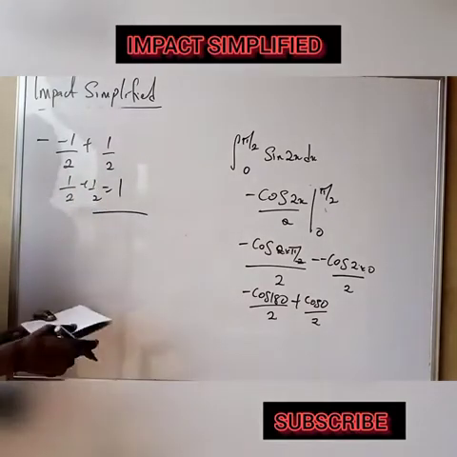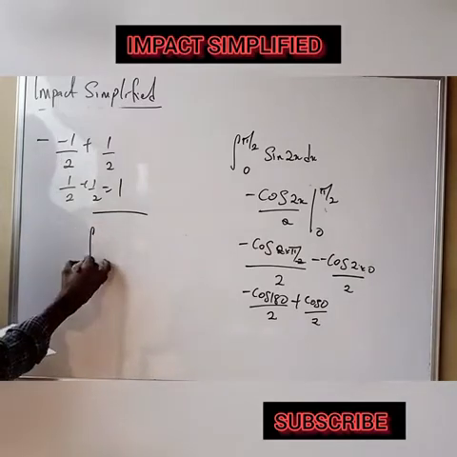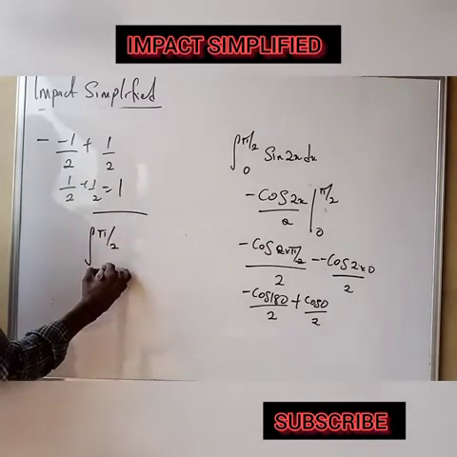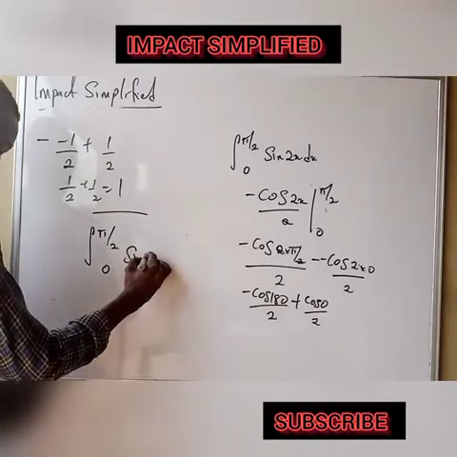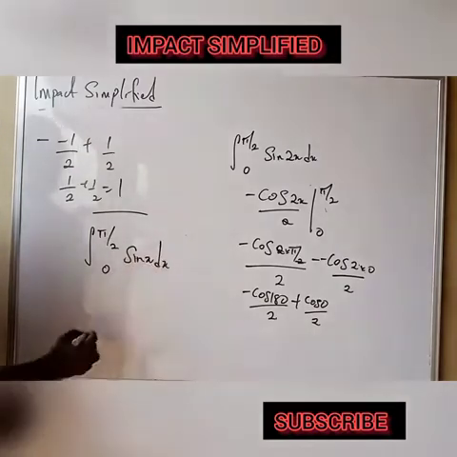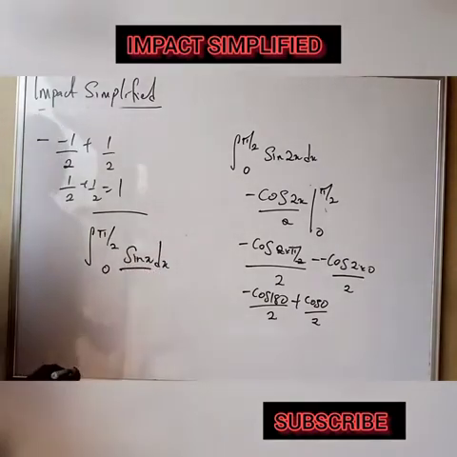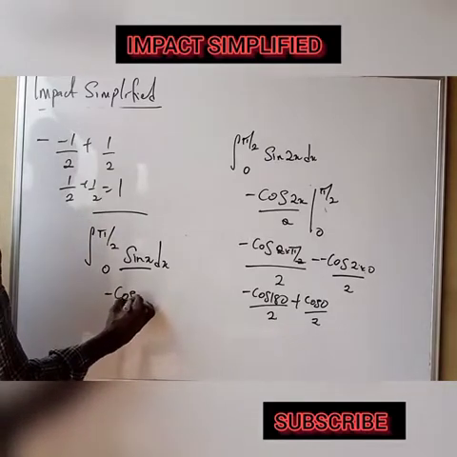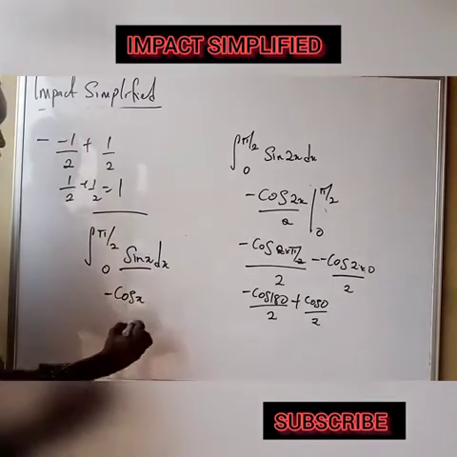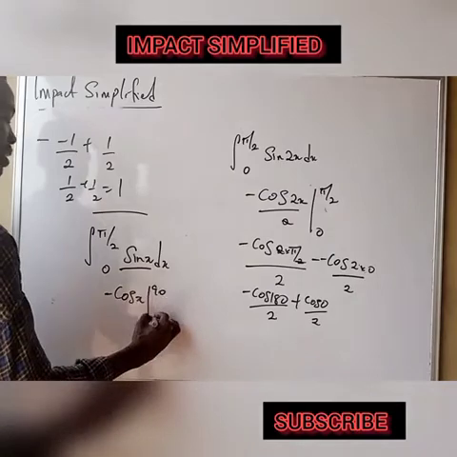It's simple. Now let's look at the last question on that. They said the integral from 0 to pi over 2 of sine x dx. If you integrate sine, what is the answer? Minus cos x. And the limits are 90 and 0.